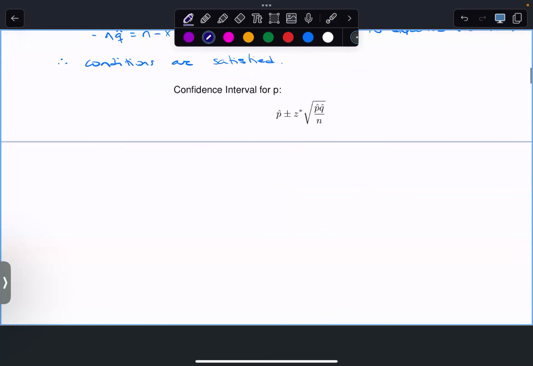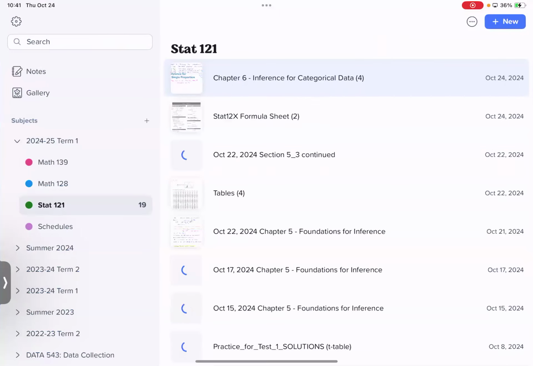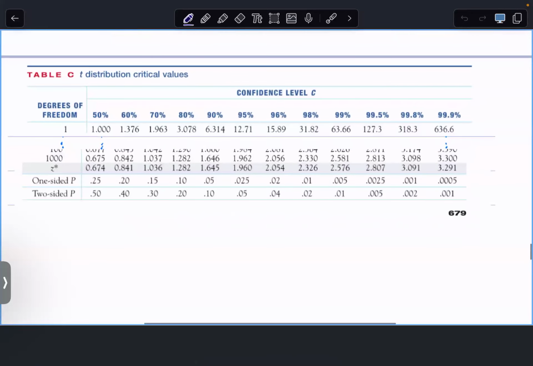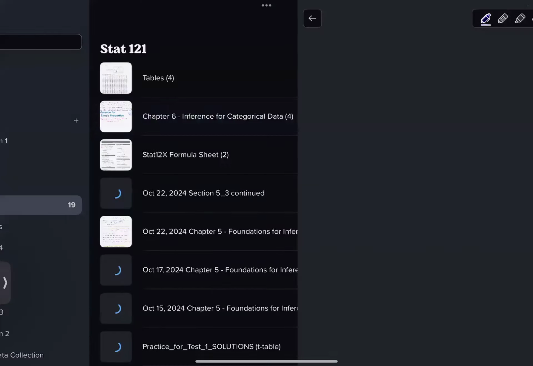So p hat, 0.85 from the question. Z star is 1.960 from the table, which let's see if it's loaded here. I guess I can copy it in. Why not?